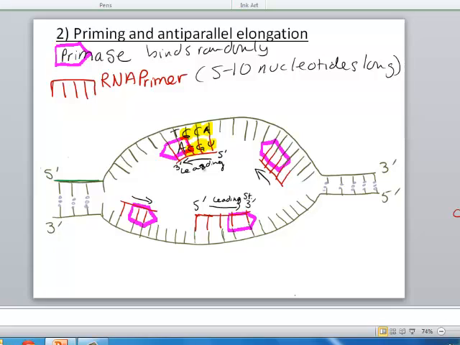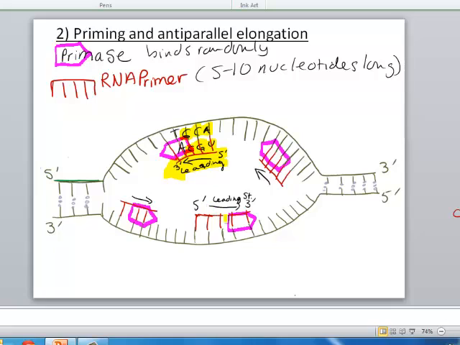Please notice again that primase follows the same fundamental directions we've talked about before, which is 5' to 3', 5' carbon to 3' carbon. So DNA elongation continues that way.